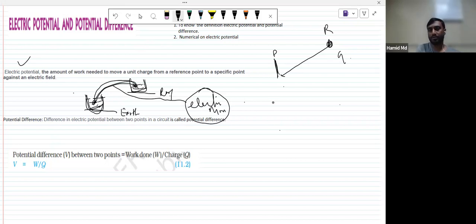Whenever there is a charge, say Q, this charge will generate an electric field. What is electric field?